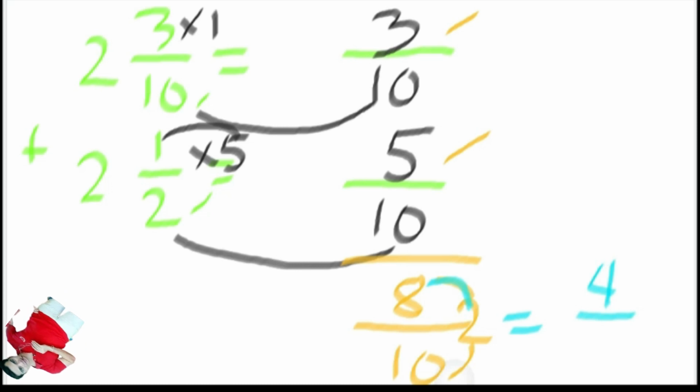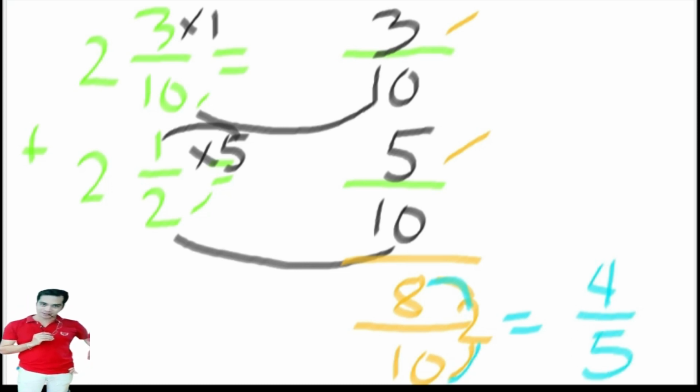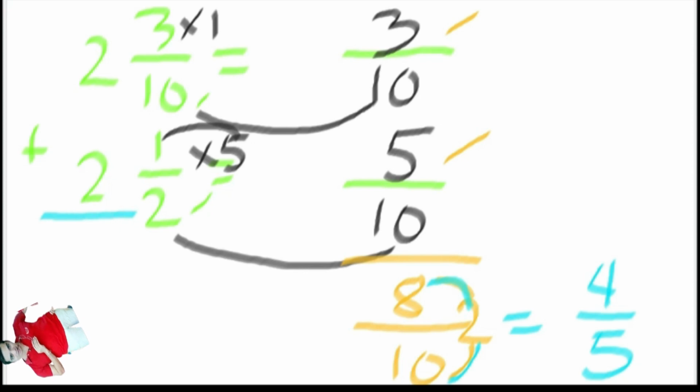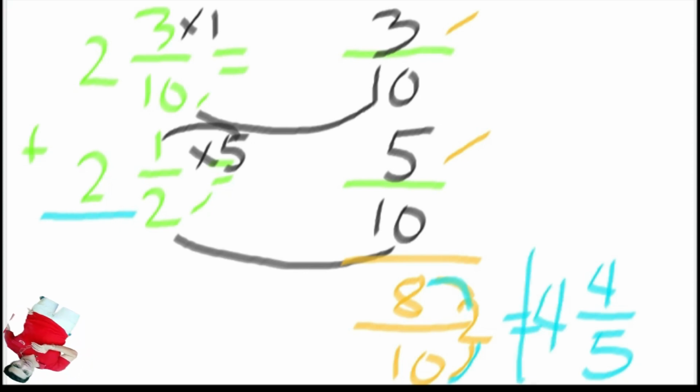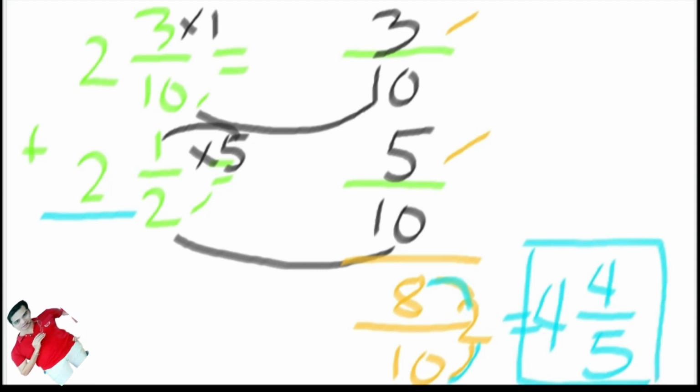Okay, so 10 divided by 2, the answer is 5. Then, we are going to add the whole number rather. 2 plus 2, the answer is 4. So our final answer is 4 and 4 fifth or 4 and 4 over 5.